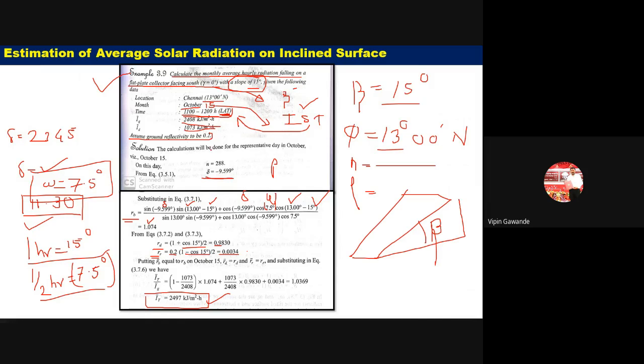Now everything is given in the problem, but we have to consider three formulas. The main formula is the one for IT, with IG and ID. We have to calculate the value of IT, which gives us the monthly average hourly radiation for the inclined surface.